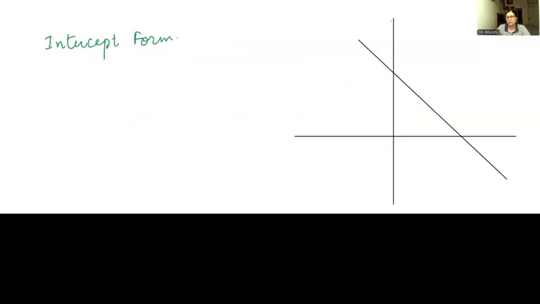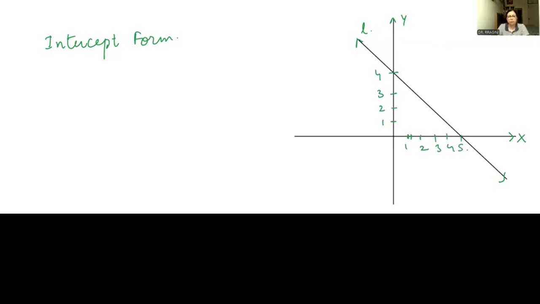Let this be the y-axis, this be the x-axis, and this is the line L. Now see, 1, 2, 3, let's say this is 4. I'm just trying to make things unequal. 1, 2, 3, 4, let's say 5.